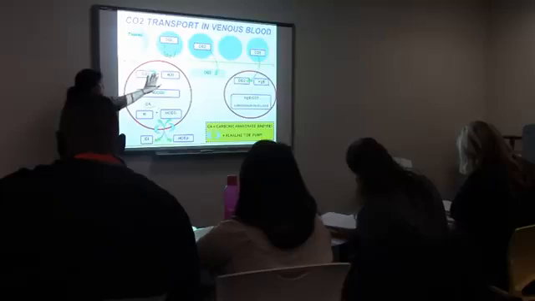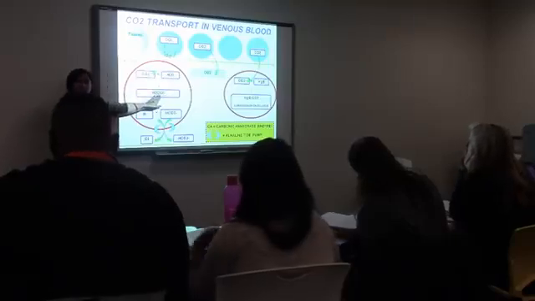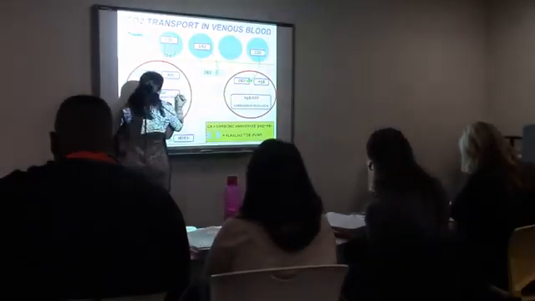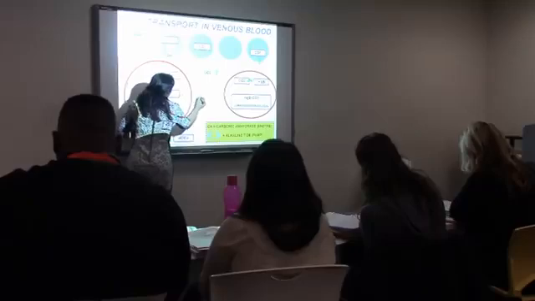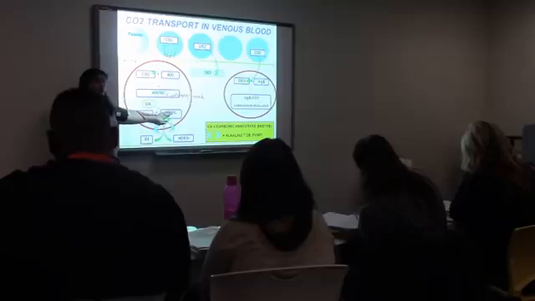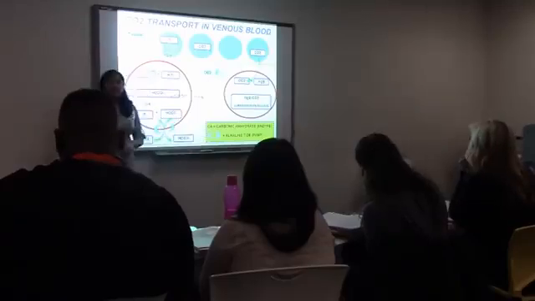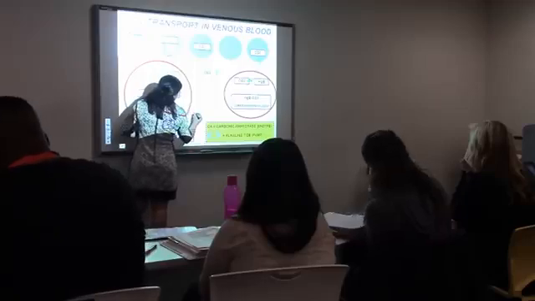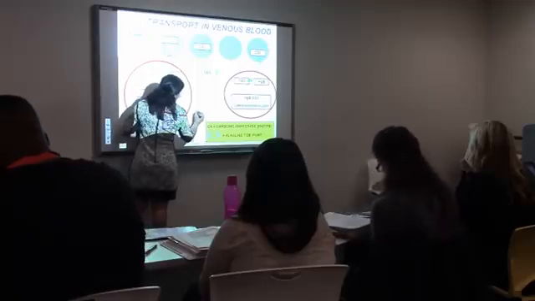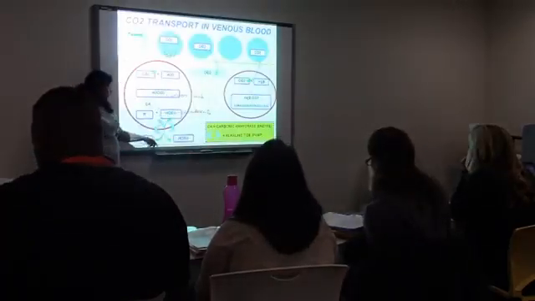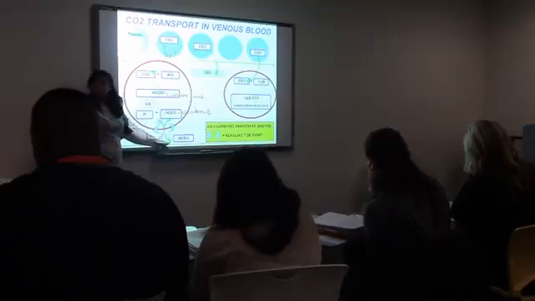When you combine carbon dioxide and water, you get carbonic acid. Carbonic acid is broken down into hydrogen and bicarbonate via an enzyme called carbonic anhydrase, which is written right here. CA stands for carbonic anhydrase. So you form hydrogen and bicarbonate. This bicarbonate leaves the red blood cells.